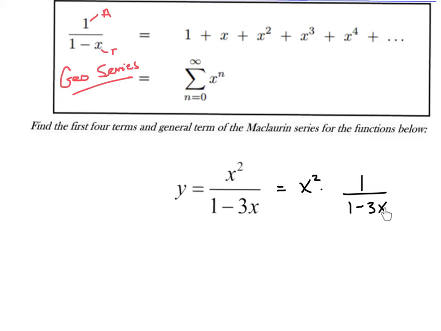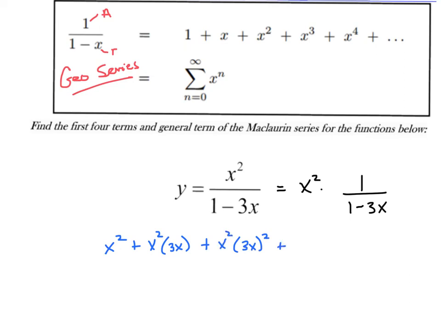Okay, so the first term was 1. Well, 3x, that's not going to change that, but I am multiplying everything by x squared. So I'm going to have x squared as my first term. Then, instead of x, I'm going to have 3x. But remember, every term's being multiplied by an x squared. Then instead of x squared, I'm going to have 3x squared, and again multiplied by x squared.